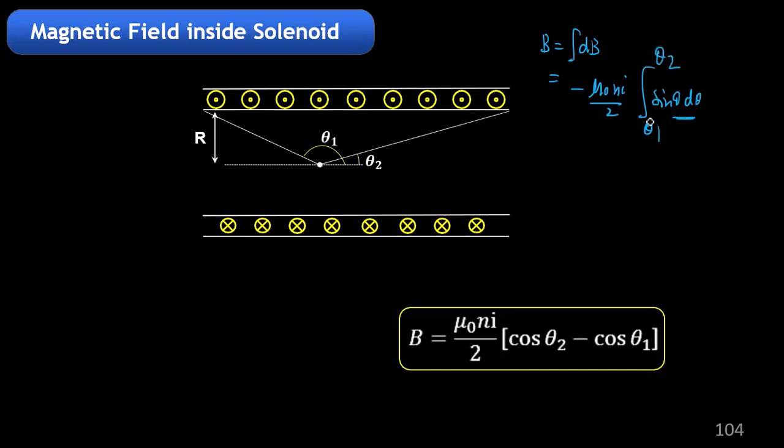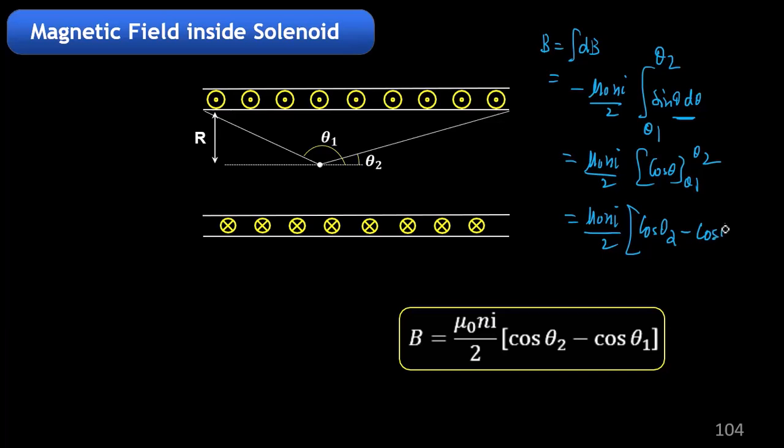The integration of sine theta is minus cos theta, so minus will be adjusted. So mu naught n I by 2 into integration of cos theta with limit from theta 1 to theta 2. Once I put it in, you get mu naught n I by 2 into cos theta 2 minus cos theta 1. So that is the final answer.